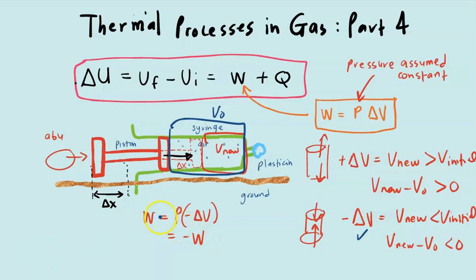So for me to rectify this equation, this equation should be W equals to minus P delta V, which means that if the change in volume becomes smaller, which means that the environment is doing work on the gas system, the work done on the gas system is a positive W when volume is smaller.